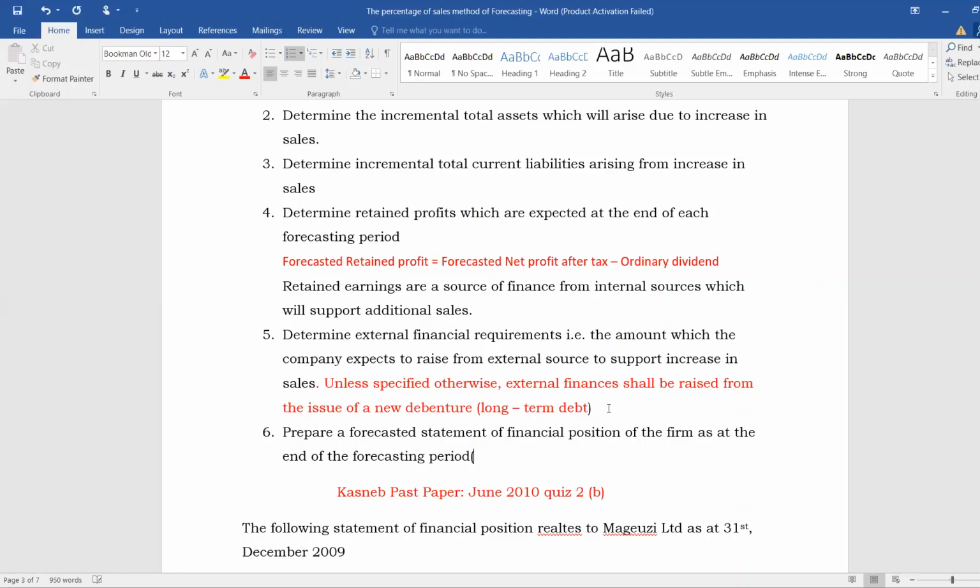Or if you are doing many periods, then if it is 2 periods, as at the end of the 2-year period.